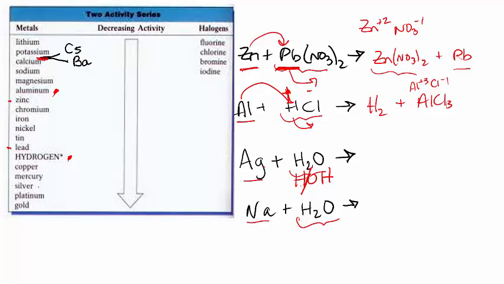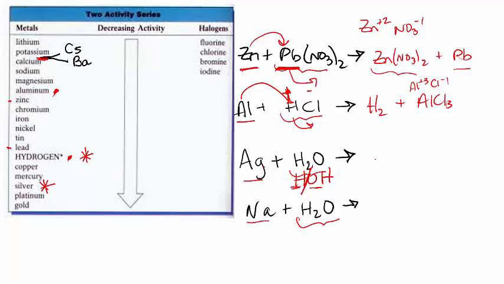So silver's down here. Hydrogen, we've seen before. Hydrogen's higher up on the table, which means hydrogen should be the more active one, and it should be paired with your negative anion. Hydrogen is already paired with the negative anion. Silver is not active enough to kick hydrogen out of the way.